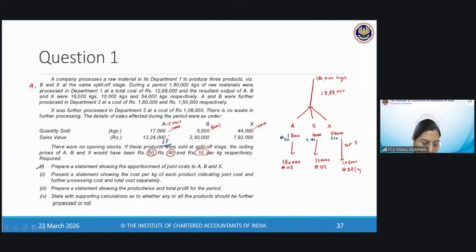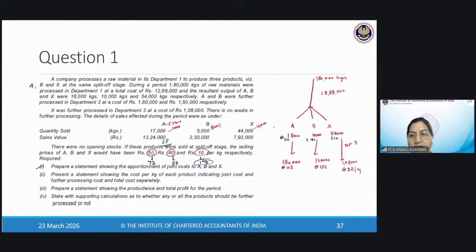So 12,24,000 divided by 17,000, the selling price after split off is 72 for A, and 2,50,000 divided by 5,000 is 50 for B, and 7,92,000 divided by 44,000 is 18 for C. This is the sales price after split off.